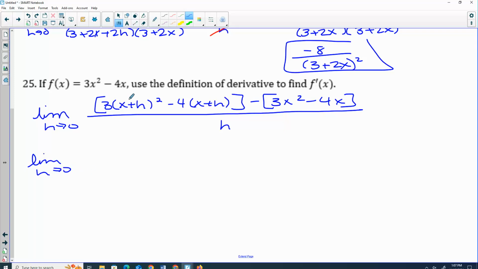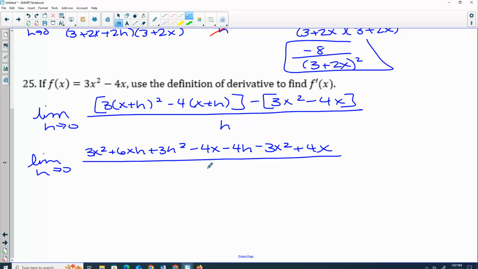So can I FOIL and distribute my 3? Yes. So that would give me 3x squared plus 6xh plus 3h squared. Distribute the negative 4, so minus 4x minus 4h. Distribute our negative through this one, so negative 3x squared plus 4x. Cancel.